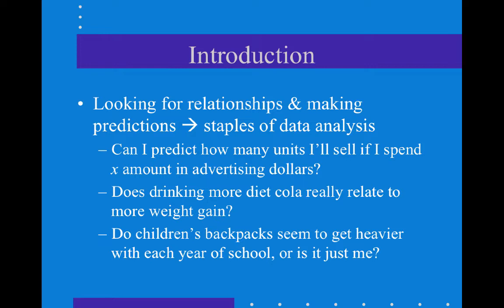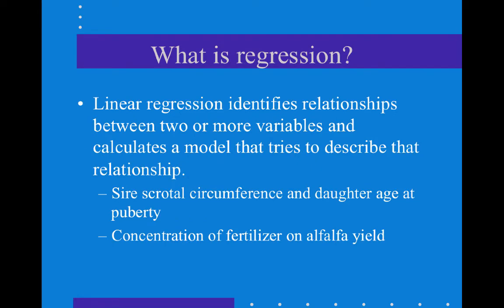Some questions these two analyses can answer for us are: can I predict how many units I'll sell if I spend this many dollars in advertising? Does drinking more Diet Cola really relate to more weight gain? And do children's backpacks seem to get heavier with each year of school, or is it just me? Those are questions that relate two different traits to one another.